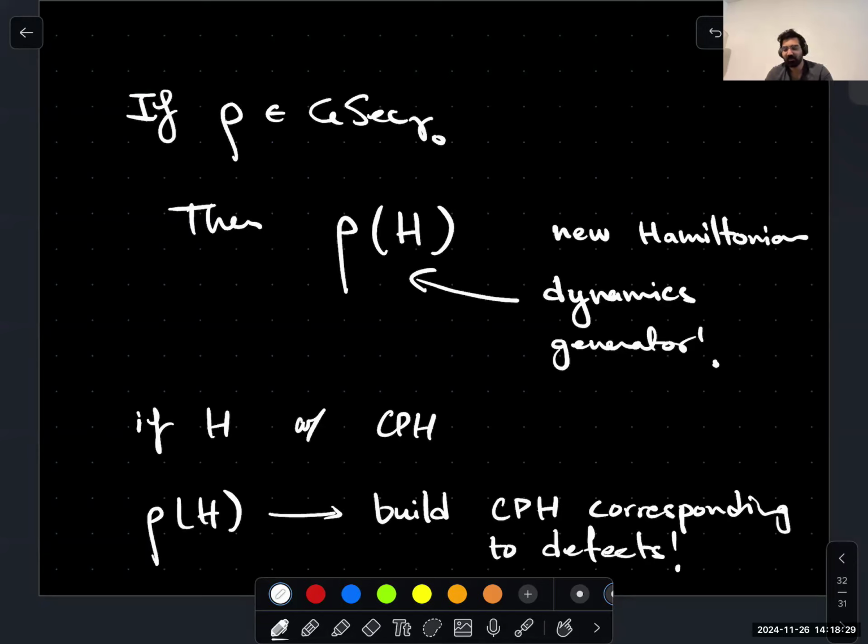So for every time you want a defect, let's say you know what the string operator for the defect looks like, perfect. You are able to go from your previous commuting projector Hamiltonian to a new one, which is powerful because in quantum computing, they really want stabilizer models, and commuting projectors really help in defining these new codes which are able to implement more interesting things.